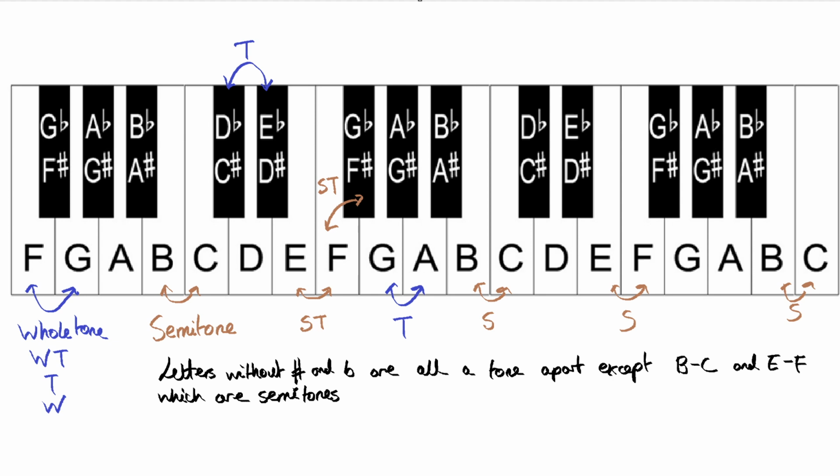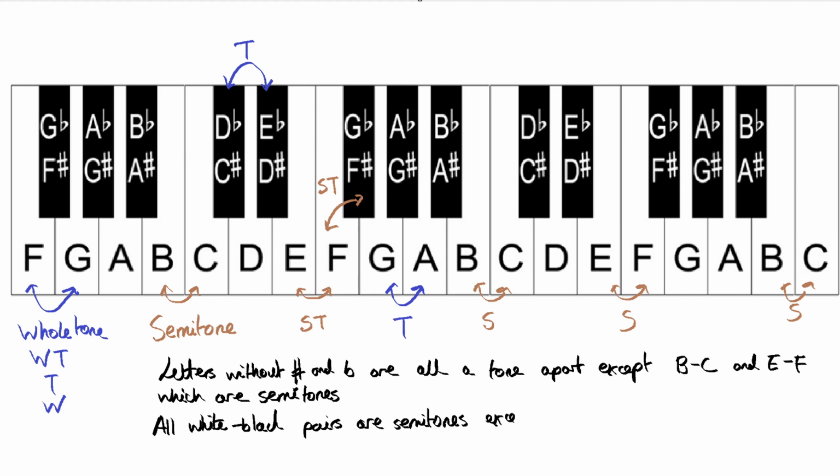Otherwise, a note and its neighbour are semitones apart. So all white-black pairs are semitones. If they're next door, obviously; if it's a bigger gap, they're not semitones.